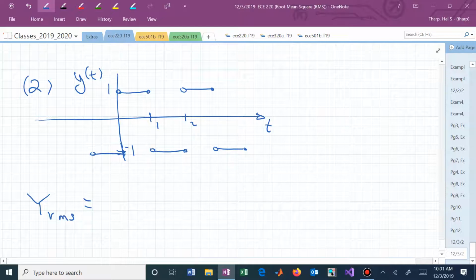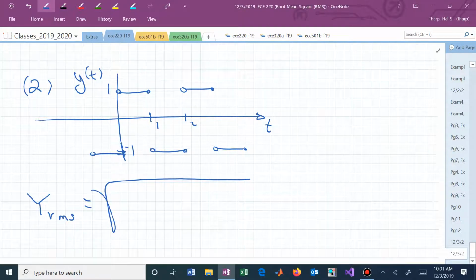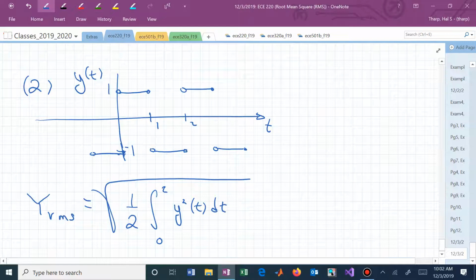If we simply plug in the formula, we square it, we take the mean of that squared value, and then we take the square root of that, the square ms, so the RMS, we would now look for the period, which again is 2. We integrate from, let's say, 0 to 2 of y squared of t dt.